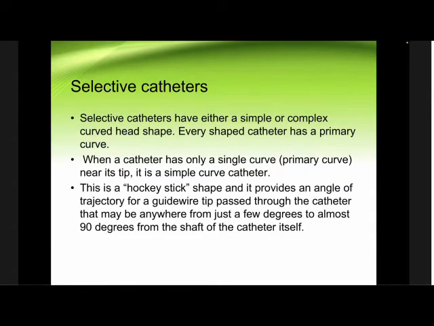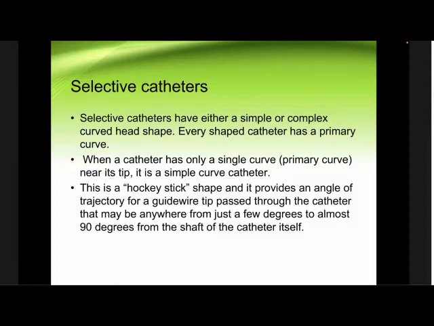As I said, these selective catheters have simple or complex curves, and every shaped catheter has a primary curve. This primary curve, the hook shape, provides the angle of trajectory for the guide wire tip to pass through the catheter.